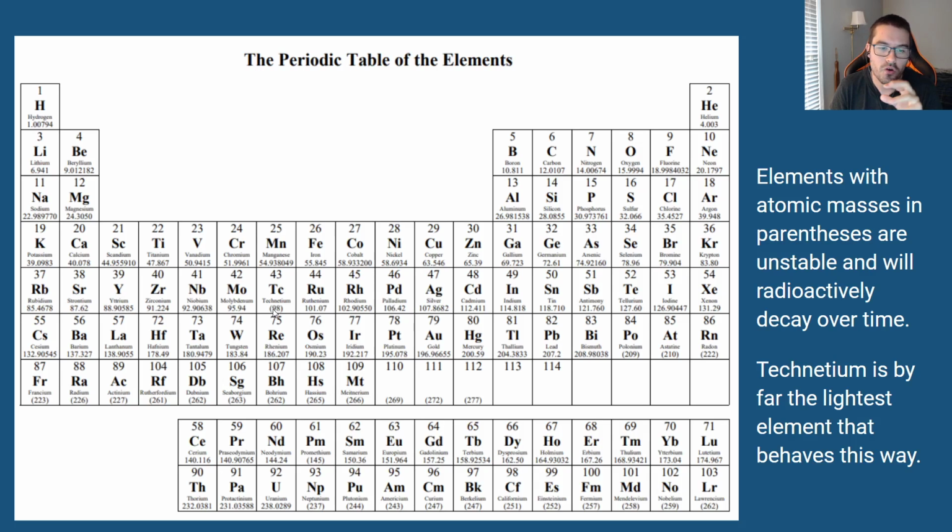We have created technetium in labs, and it has this particular mass, so we've been able to make like one isotope of technetium. All these other elements that are smaller and bigger than technetium exist naturally, but for some reason technetium doesn't. And then you have to go all the way up to polonium, astatine, radon, etc. to get to elements that had to be artificially created.